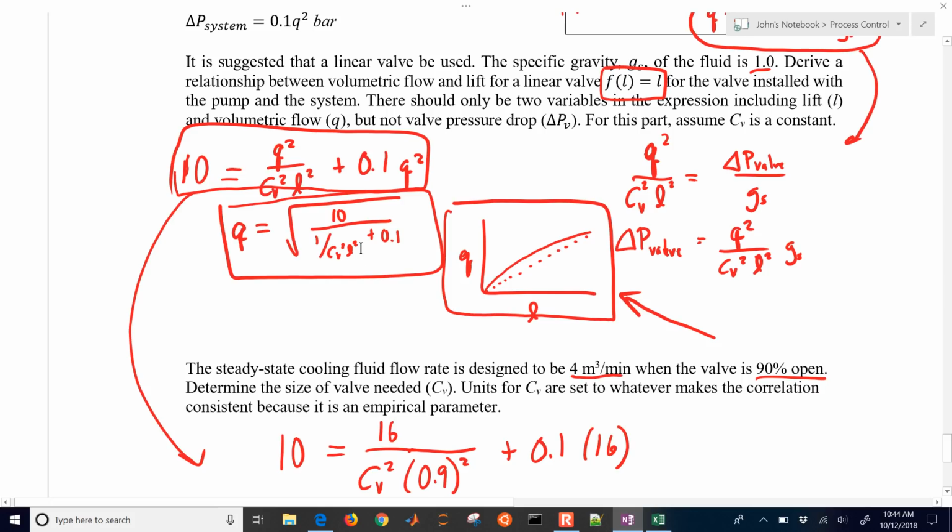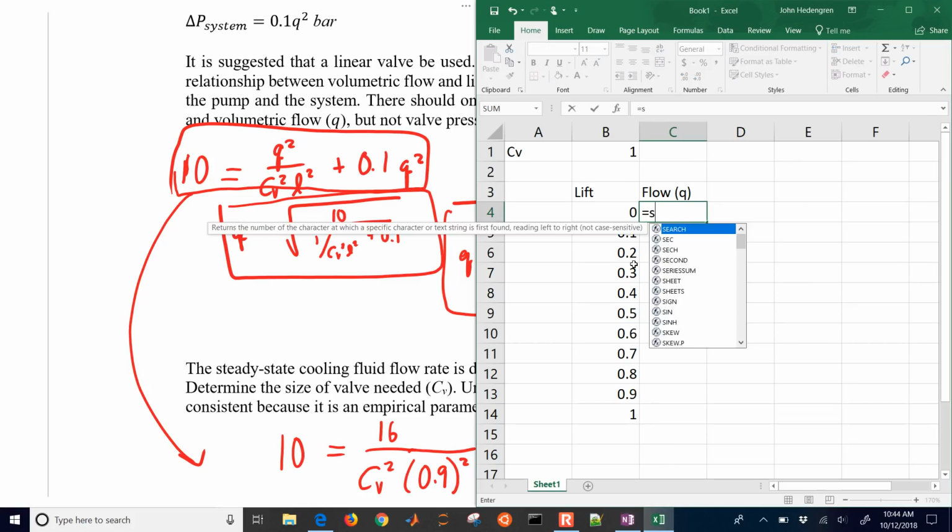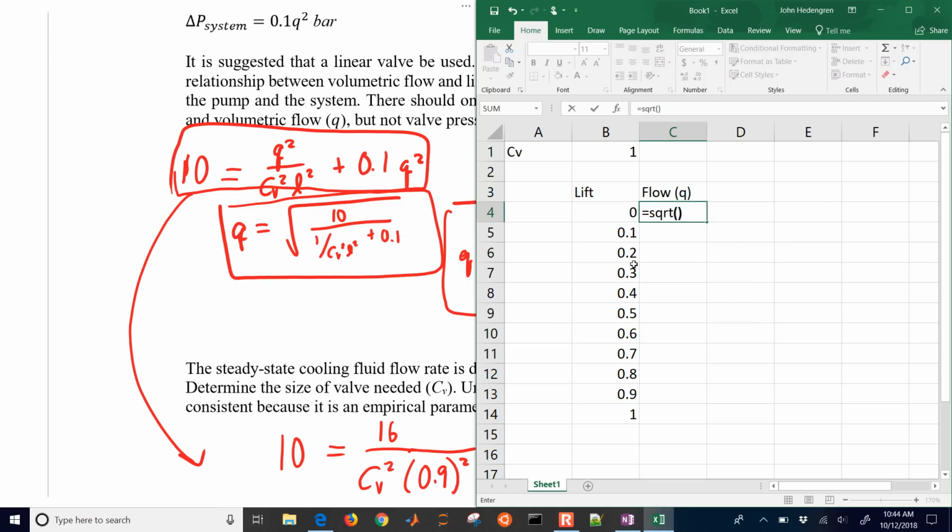Okay, you're going to have a divide by 0 if you leave it in this form, so just multiply the numerator and denominator by L squared CV squared, and let's implement that instead. So it's going to be equal to square root, and then inside that square root I'm going to have 10 times CV, and I need to put a static reference there, and I'll square it, and I'll put the lift up there as well.